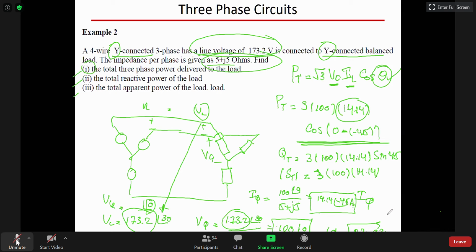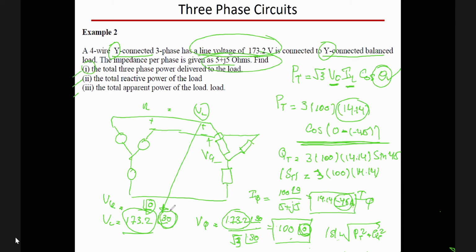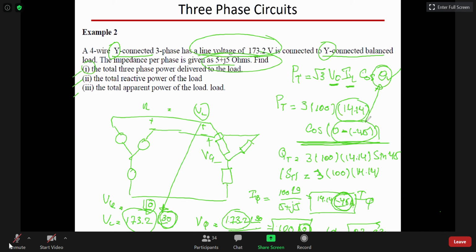It's whatever angle between the phase voltage and the phase current. Here it is 45. But if you find the angle between the line voltage and line current, the line voltage angle is 30 and the current is minus 45, so it's not the same difference, right? This is why it's easier to go with the phase quantities, so that you don't get confused with the angles.